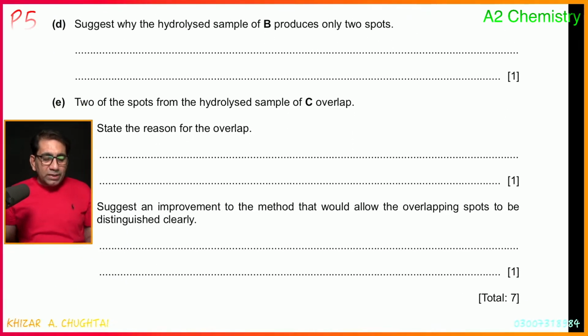Part D suggests why the hydrolyzed sample of B produces only 2 spots. Why is the B sample going to have only 2 spots? Basically, only 2 amino acids compose this tripeptide.